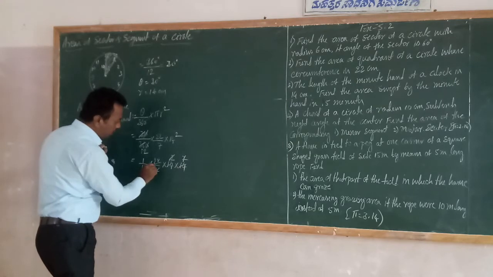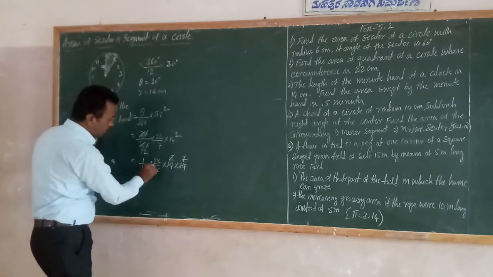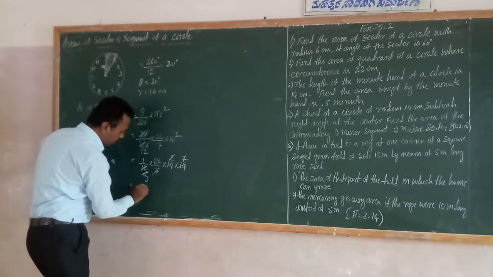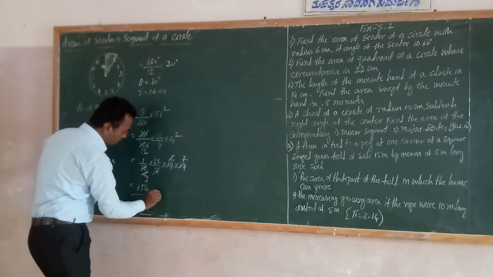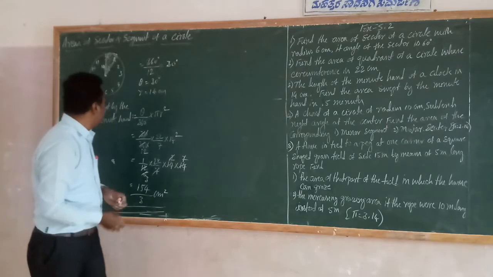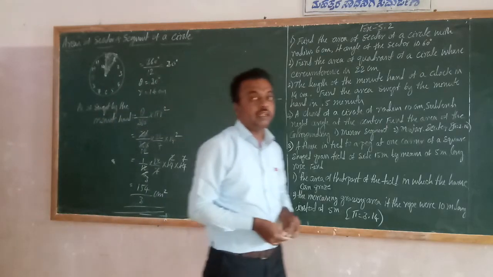So therefore 22 into 7 by 3, which is 154 by 3 centimeter square. So this is the area swept by the minute hand in 5 minutes.